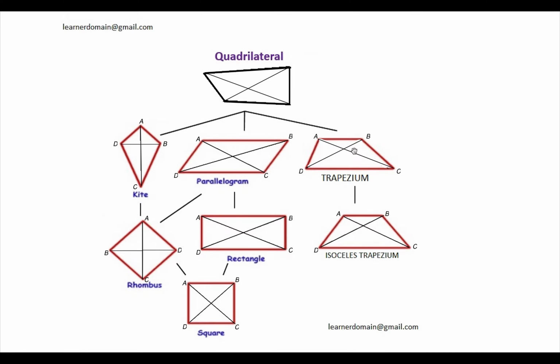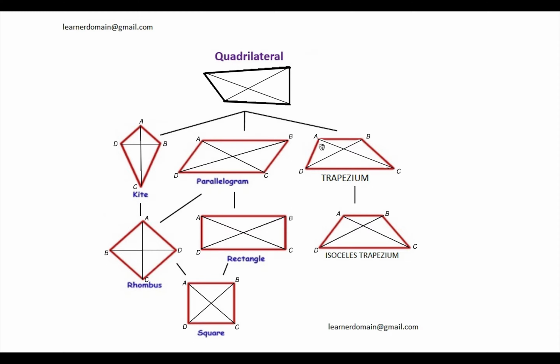And what about the properties? I don't see any relation between the diagonals, do you? They are not congruent, they are not bisecting each other, they are not perpendicular to each other. But because AB is parallel to CD, look at these angles A and D. What do you know about them? AD is a transversal that cuts two parallel lines AB and DC.